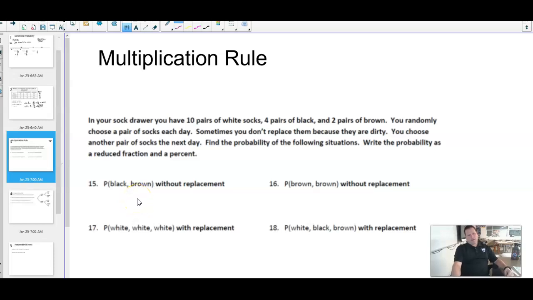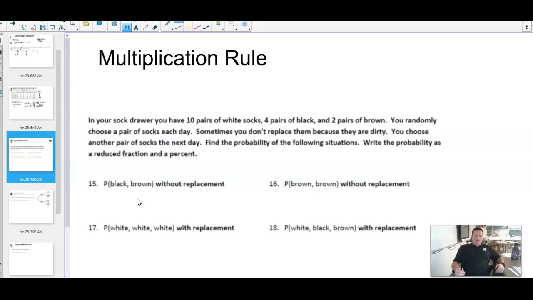The other thing that's going to be really critical with this is we're going to decide whether we have with or without replacement. We need to know whether this is with or without replacement. What that means is, on the second draw or the third draw, or at least after the first one, are we going to put it back in or are we not?